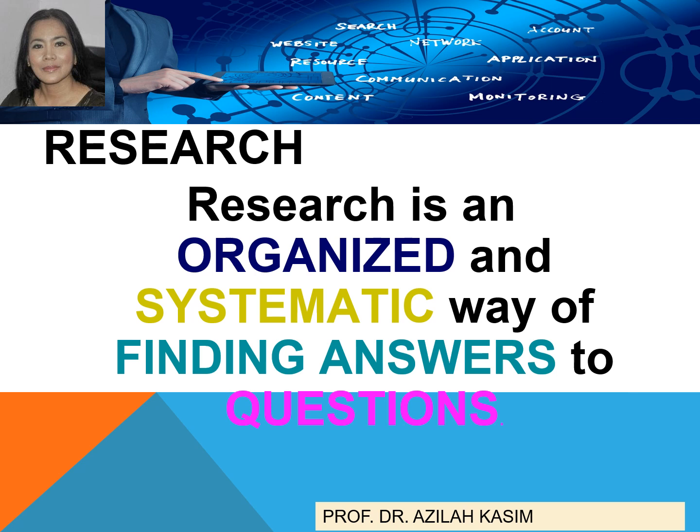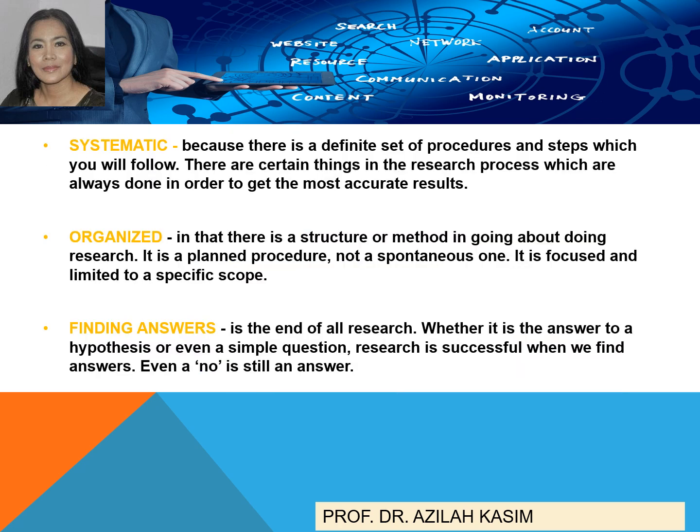Why is it systematic? It is systematic because there is a definite set of procedures or steps which we will follow. There are certain things in the research process which are always done in order to get the most accurate results. So we have to plan.